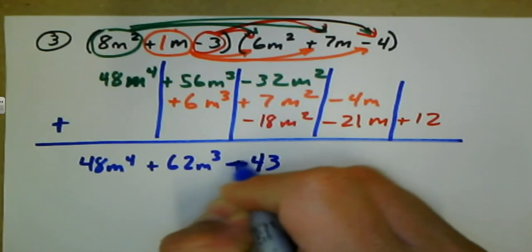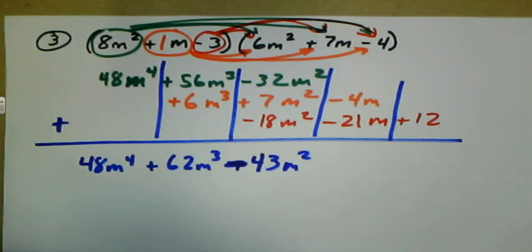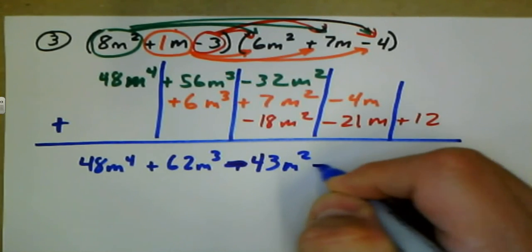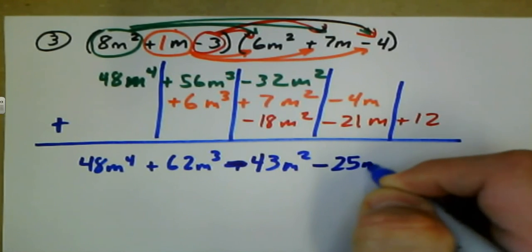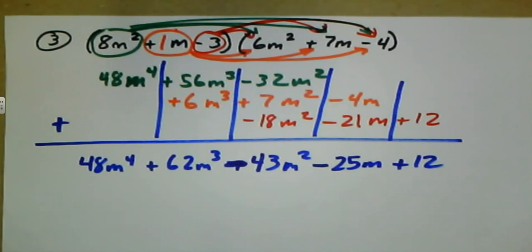Negative 43, sorry. That's negative 43 m to the second. Yeah, that's it. And negative 4 and negative 21 when added together becomes negative 25 m and 12. Make sure I did that right. Yeah, I'm good.